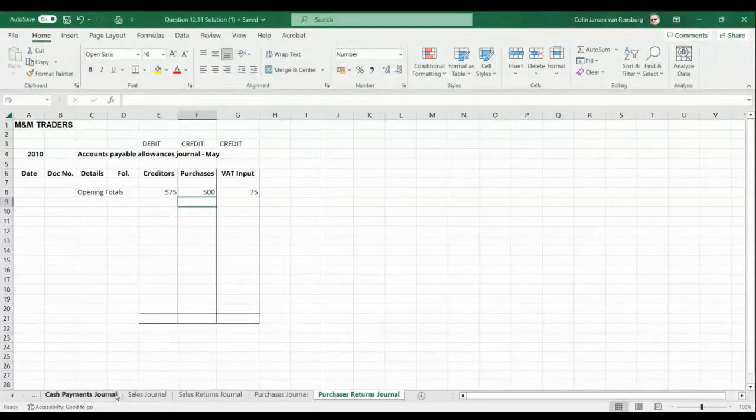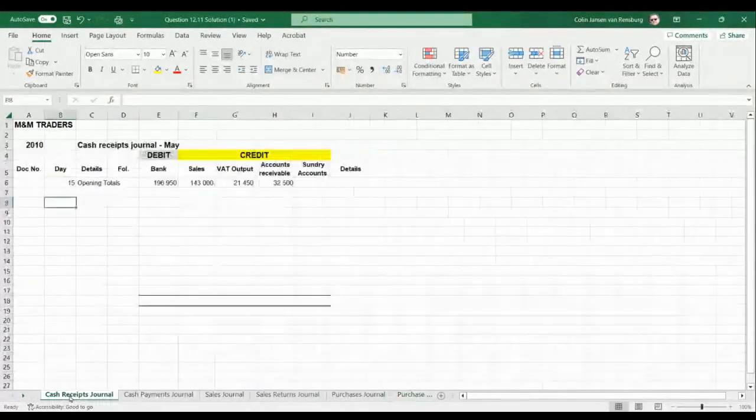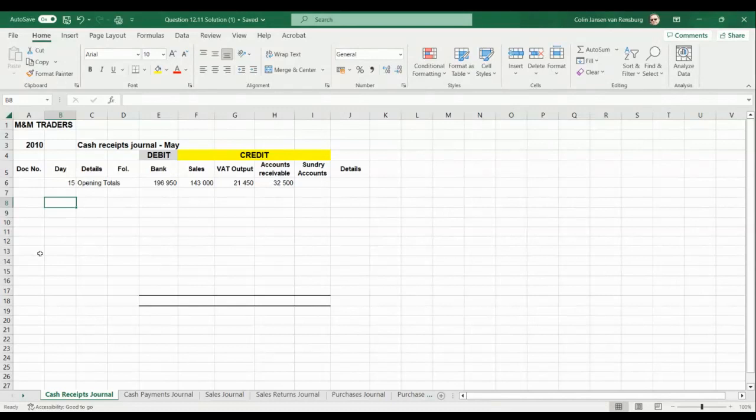You've already said we'll have to go to the cash receipts journal. So let's go to the cash receipts journal. There we are. Now they don't provide us with dates, so we'll just use our imagination. So let's say this was on the 16th of the month.